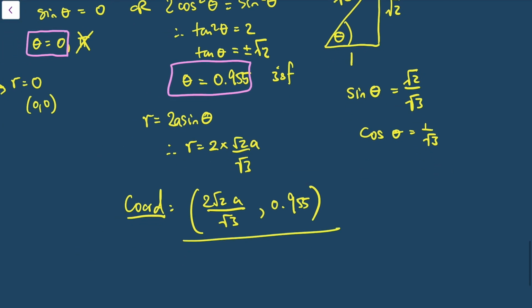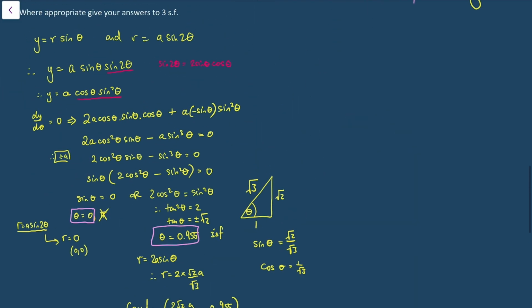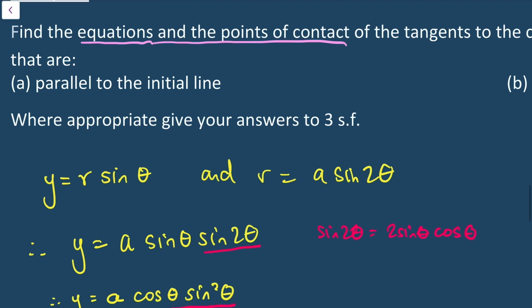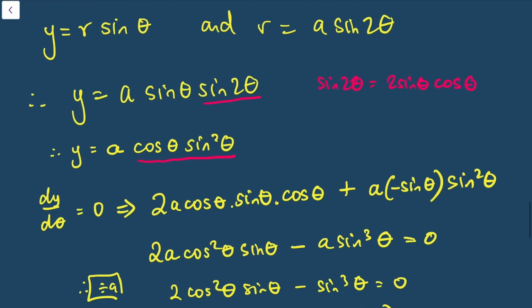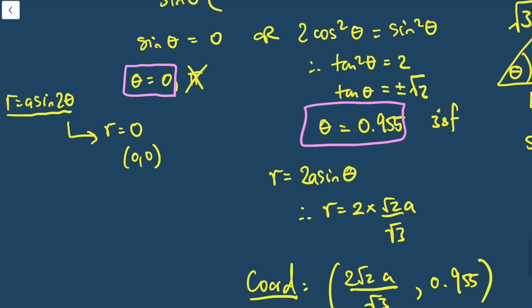Right. That's what we're working with. Now, we're only halfway through the first part. We now need to find the equation. Okay, we want to find the tangent parallel. And I can show you here again.